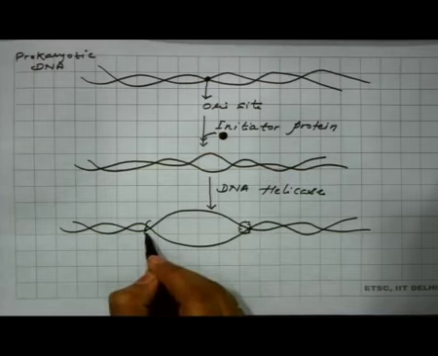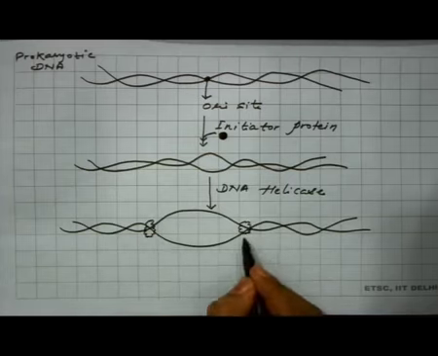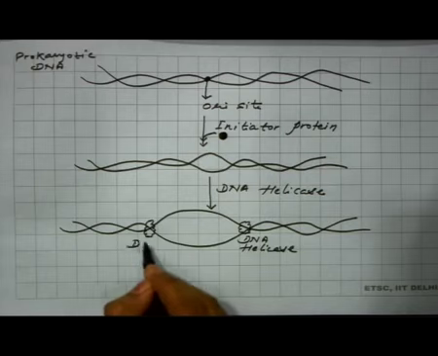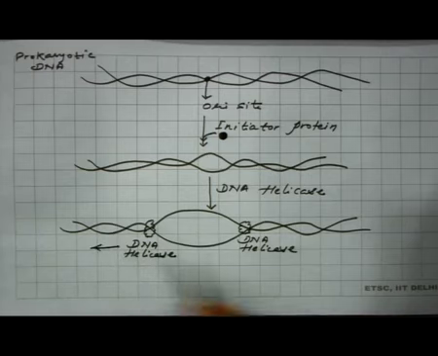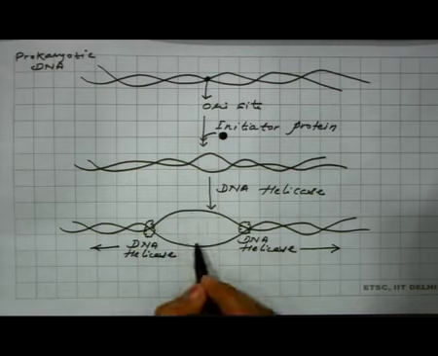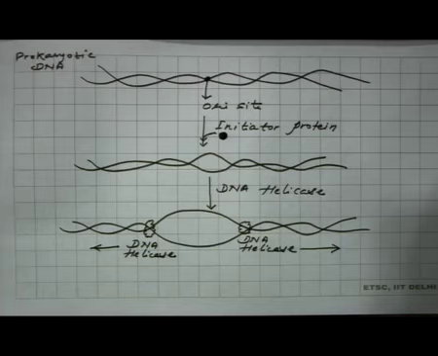Two DNA helicases will be involved, and will unwind the DNA in both directions. Now, this single-stranded DNA will act as a template and then it will be copied by DNA polymerase to make two daughter DNA. But here comes an important problem.